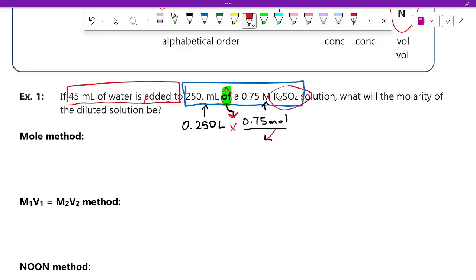I'm solving for the moles of K2SO4. 0.25 times 0.75 is 0.1875 moles. You figure out what to do with that number next, and then try the M1V1 equals M2V2 method while I go and see what's happening over here.